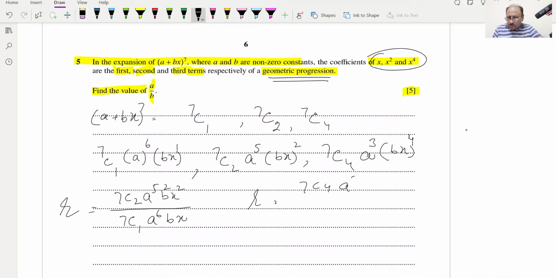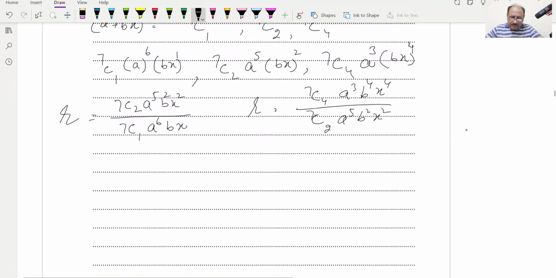7C4 a^3 b^4 x^4 divided by 7C2, I'll write properly, so 7C2 a raised to the power 5 b^2 x^2, and further we can equalize them because both are equal to r.